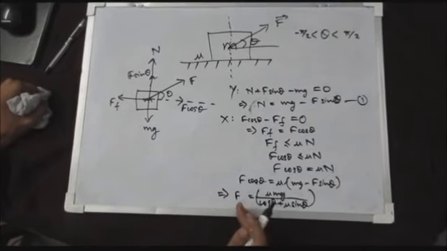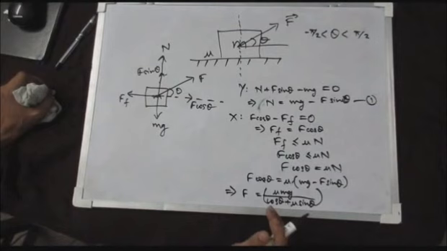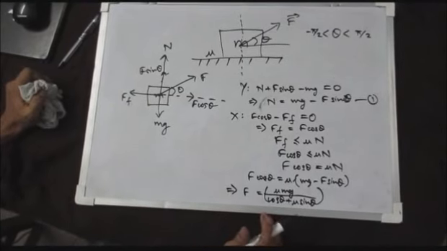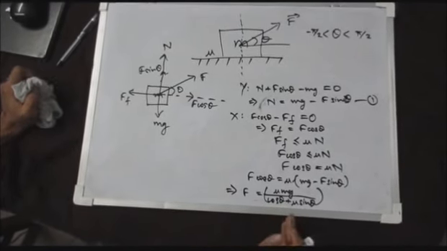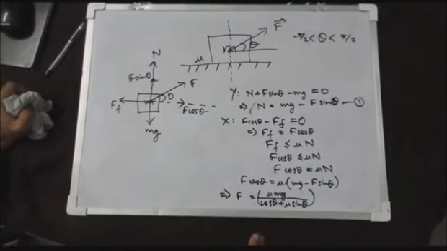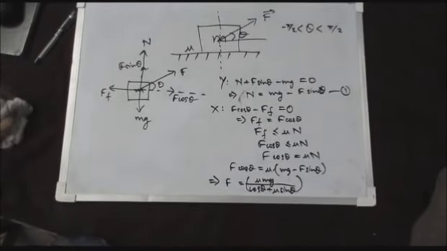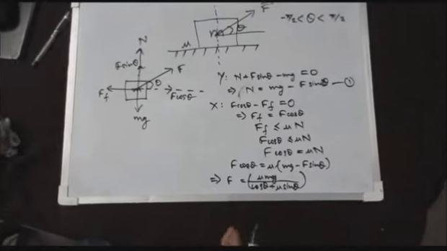Now all we need to do is plot F with respect to theta. As theta changes, F changes, and we need to find the theta at which F happens to be minimum. So all we do is differentiate F with respect to theta. That's the strategy, and we find at which place dF/d theta is 0.